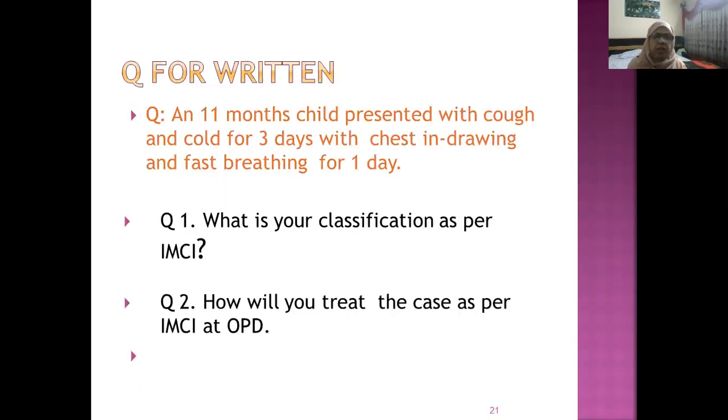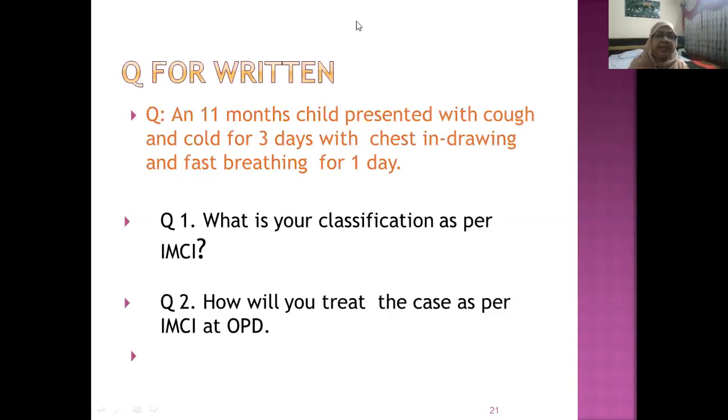Another question, I have also seen several times in your SAQ in the final professional exam. An 11 months child presented with cough and cold for 3 days with chest indrawing and fast breathing for 1 day. What is your classification as per IMCI? How will you treat the case as per IMCI at OPD?